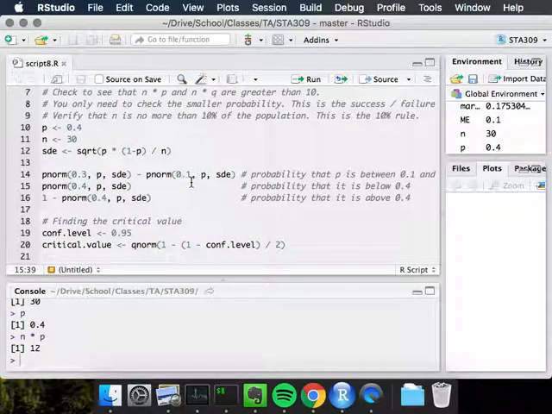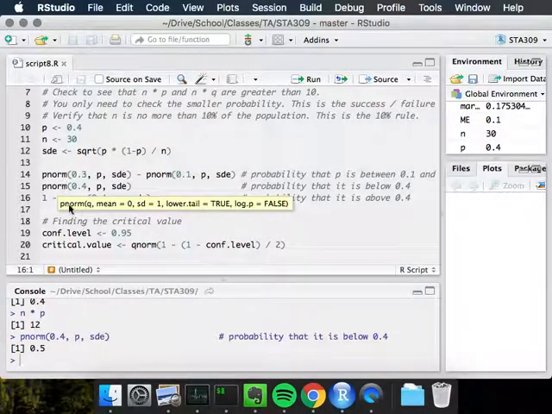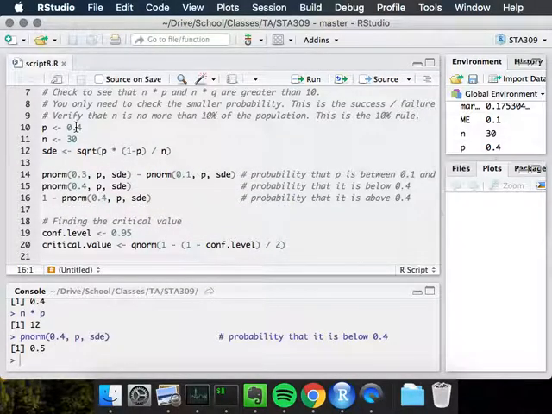So for example, if I'm looking at what is the probability that when I take a sample the proportion is going to be between 0.3 and 0.1, that's basically just this difference. So a simpler case is if we're trying to see the probability that it is below 0.4, that's basically just using p norm, right? That's actually 0.5. Why? Because 0.4 is the mean of the distribution.